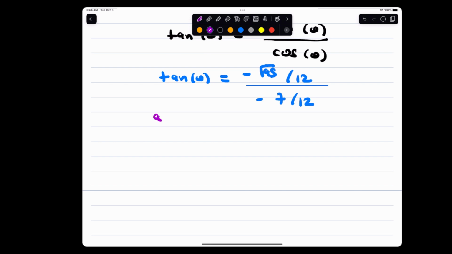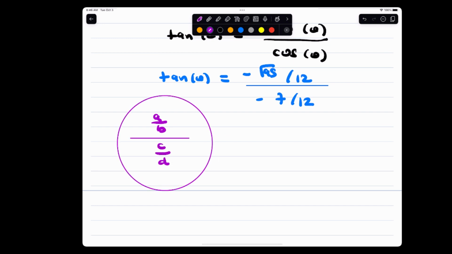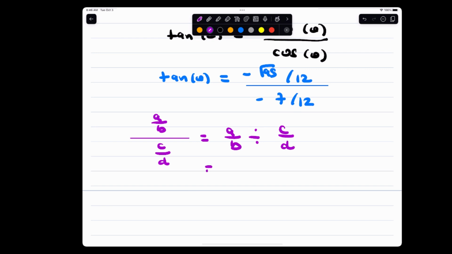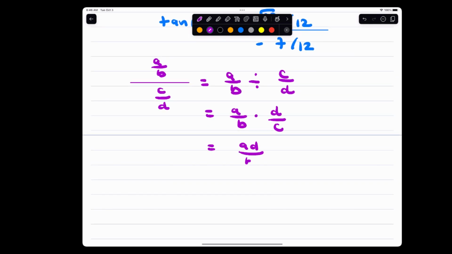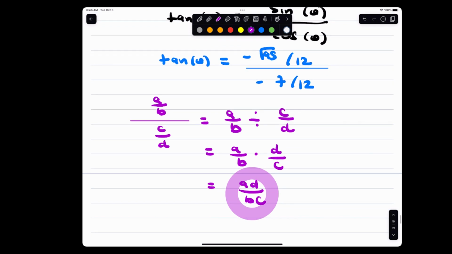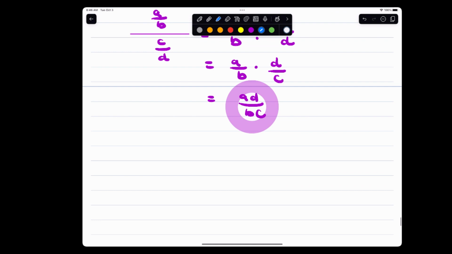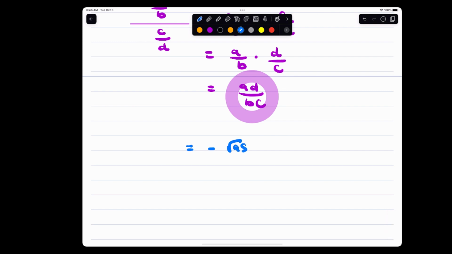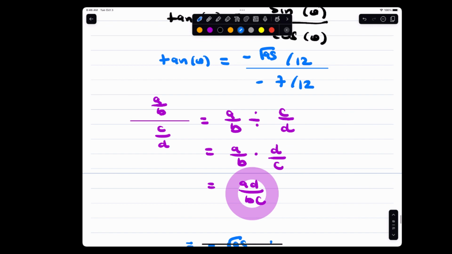Okay, so let's see if you guys remember. What does it mean if you have A over B over C over D? Do you guys remember the algebra here? The arithmetic, you're dividing fractions. These are complex fractions. So A over B divided by C over D gives you A over B times D over C, which equals AD over BC. So you have negative square root of 95 over 12 divided by the second fraction, negative 7 over 12.